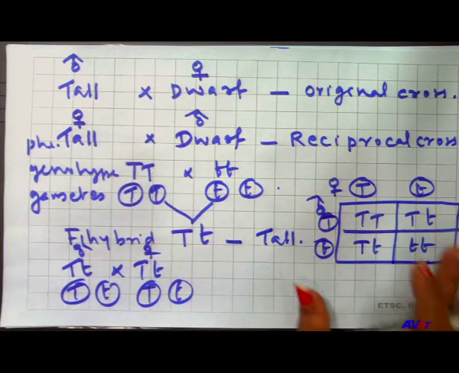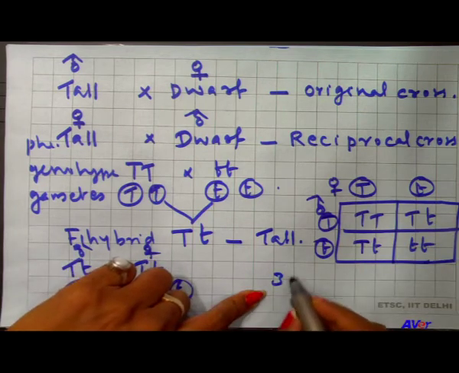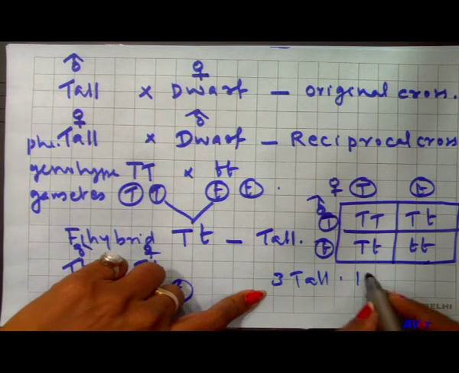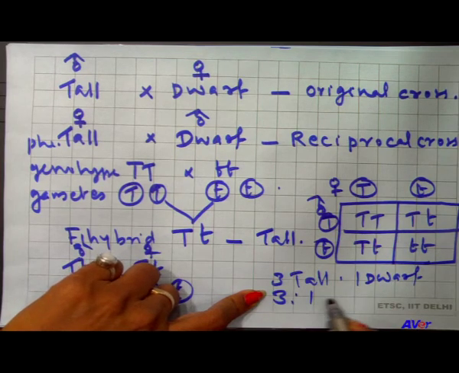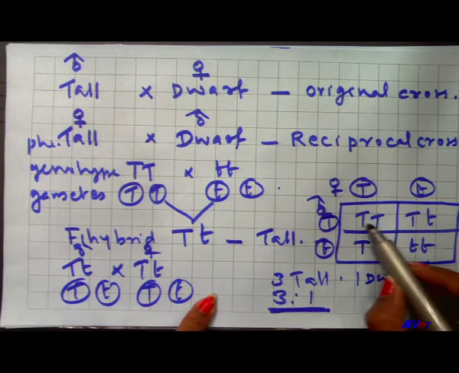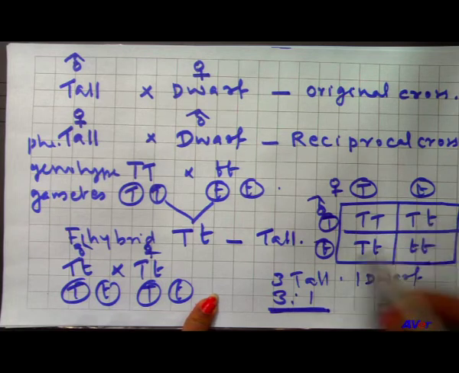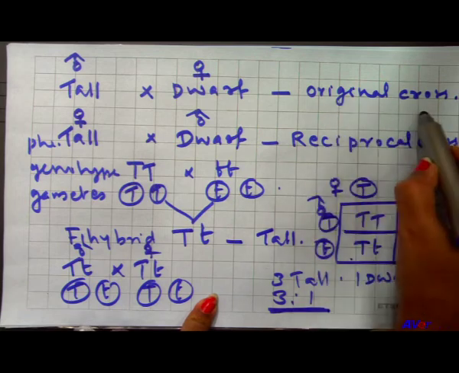No difference, the same result we will get: 3 tall and 1 dwarf. That is again a 3:1 ratio. Regarding the genotype also, we get the same result: 1 capital T capital T, 2 capital T small t and 1 small t small t. So again it is 1:2:1, no variation from that of the original cross.